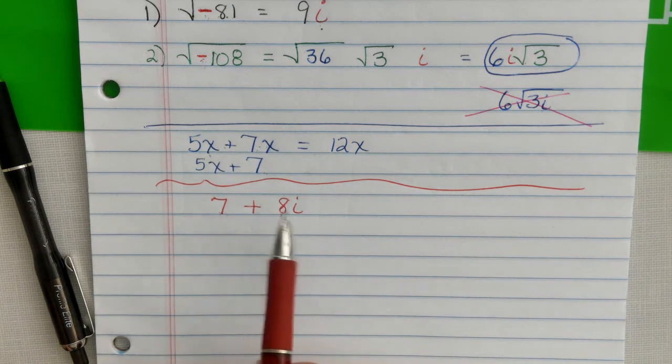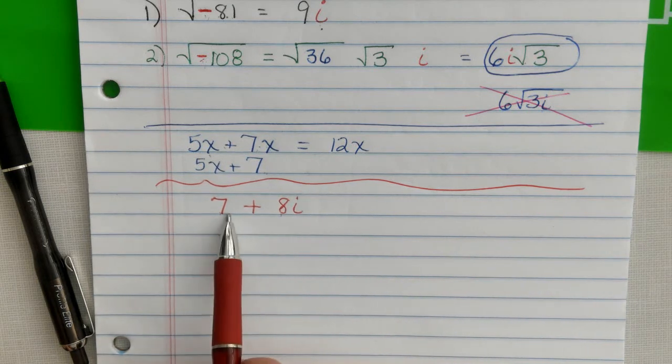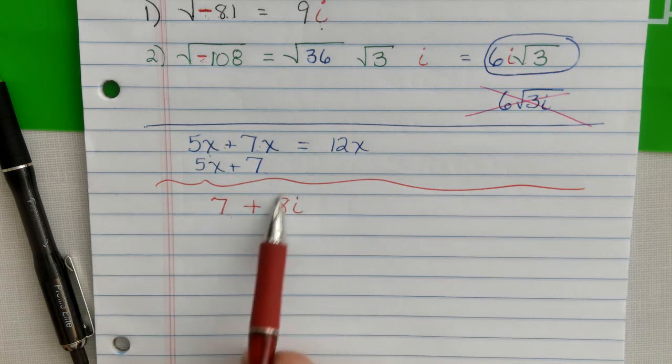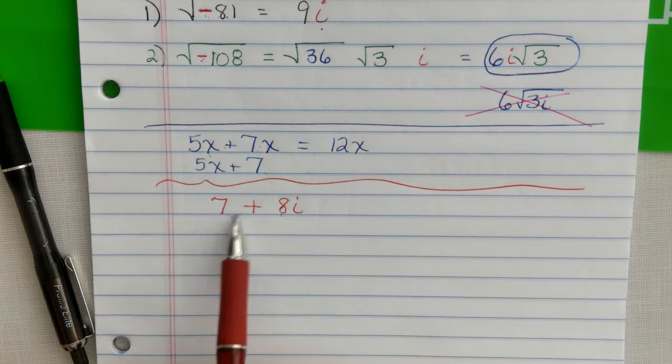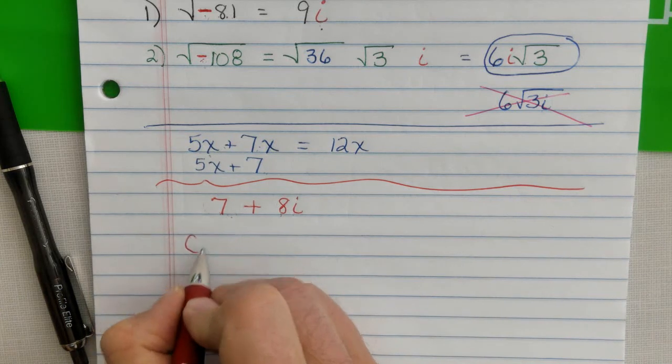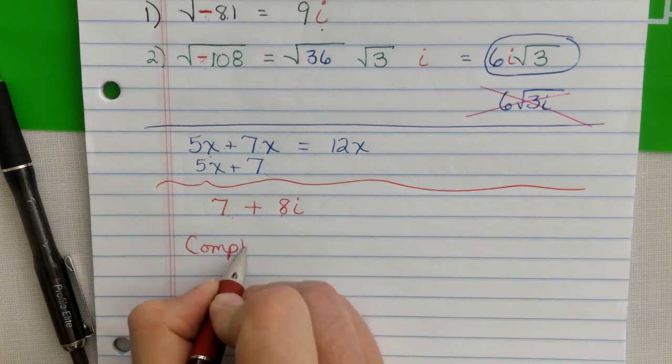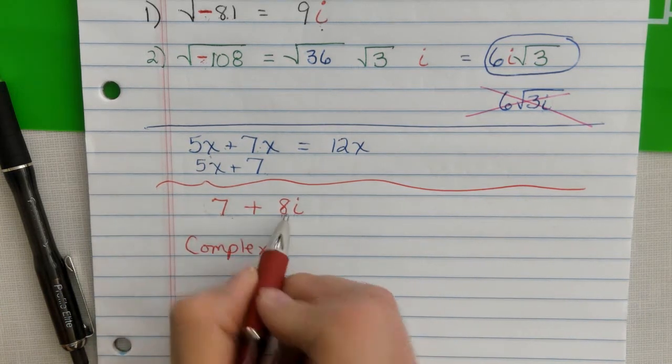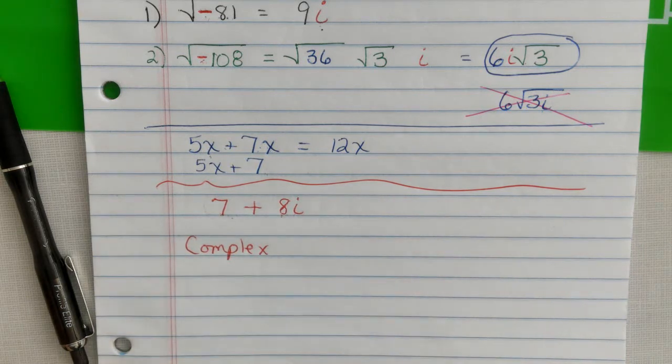No, they're not like terms. There's not an i on the 7. When you have an imaginary number together with one of these real numbers, where one has an i on it and one doesn't, that's called a complex number. And you can't actually add the 7 and 8. You can't get a 15.